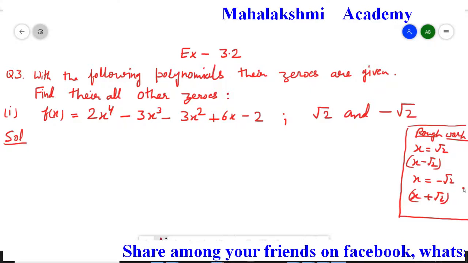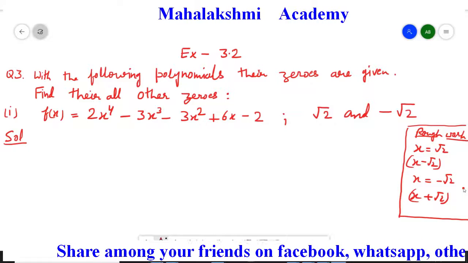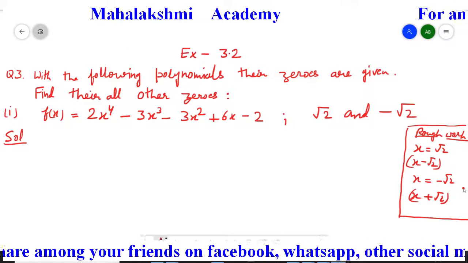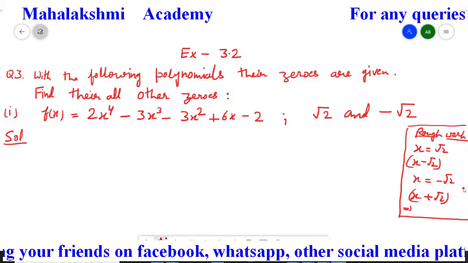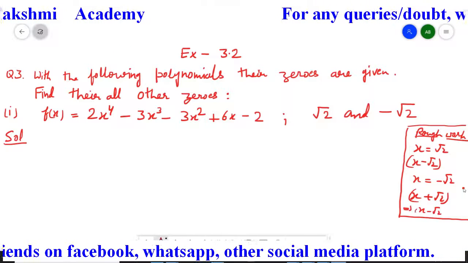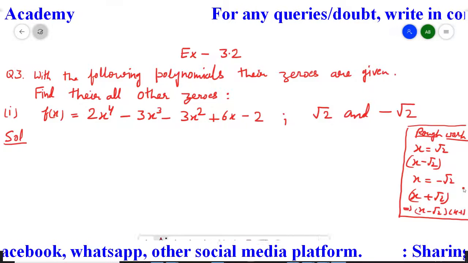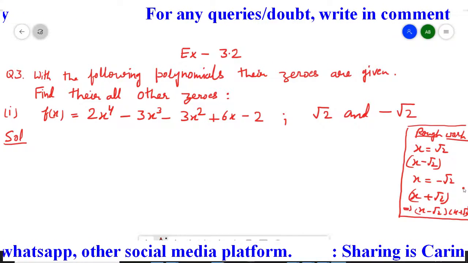So if we combine them, if we find their product, it is going to be x minus root 2 and x plus root 2. So we are going to do this in pairs.